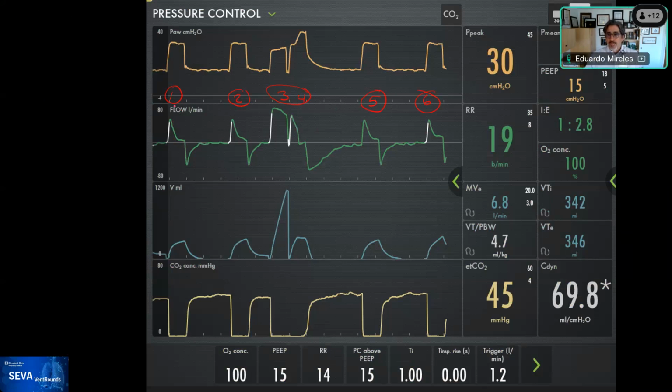And breath number 1 and 2 and 6 are false triggers. You can see that very nicely, right? So these are false triggers. So 1, 2, and 6 are false triggers. What about 3 and 4? What's the problem in that one?